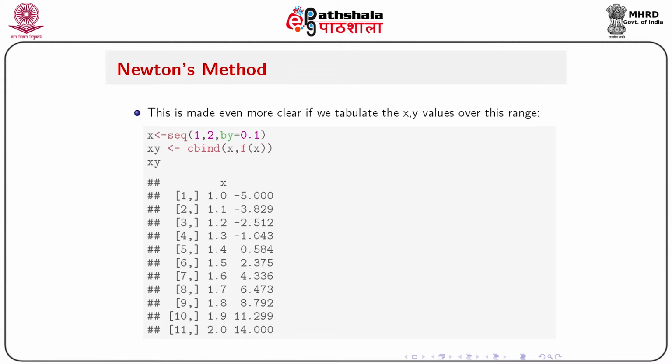So x equals sequence 1 to 2 by 0.1, we get the sequence incremented by 0.1, and then xy equals cbind of x and f(x), and print xy, then you will get these values. It is clear that it is between 1.3 and 1.4, because for 1.3 it is negative and for 1.4 it is positive. So the zero of the function must lie between 1.3 and 1.4.